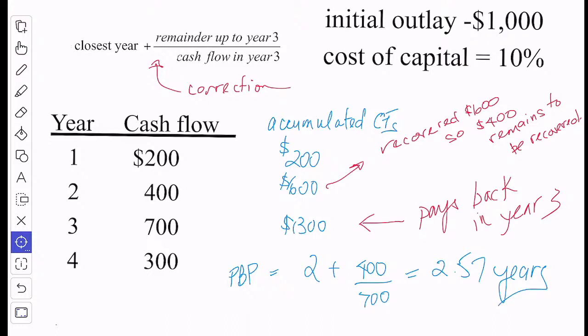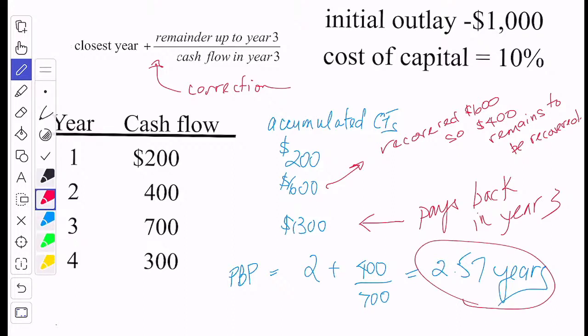So this is, then you have to take this and say, okay, well, is that enough? So it depends. What if management says, you know, we're only accepting projects that pay back in 1.5 years?